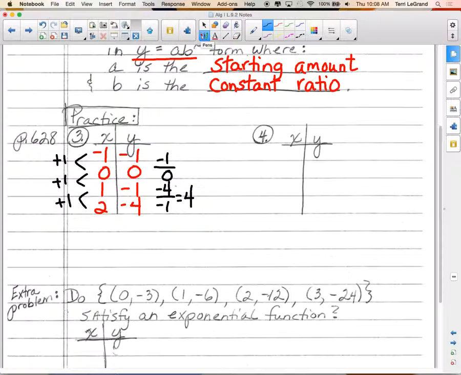No, it's undefined. Well then, we'll take the 0 and divide it by its previous term, which is -1. What's that? 0. Does it look like we're getting a constant ratio? No. So this is not exponential.